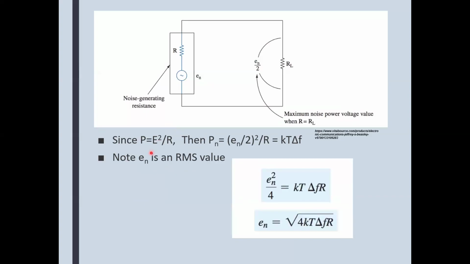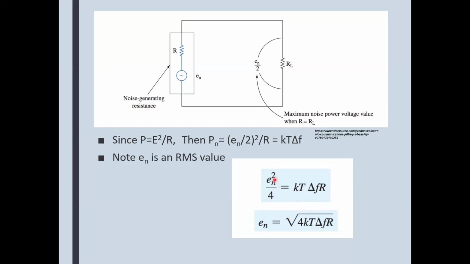Since power can also be expressed as voltage squared divided by resistance, we can rearrange things: the noise voltage in RMS values divided by 2, squared, and the whole thing divided by R, equals kT delta F. So the noise voltage squared divided by 4R equals kT delta F.